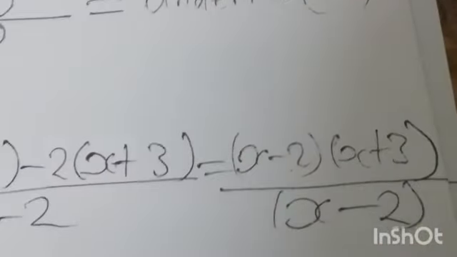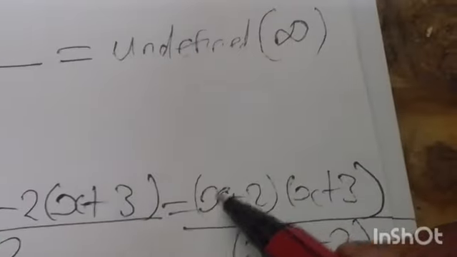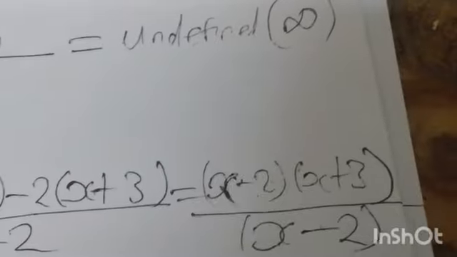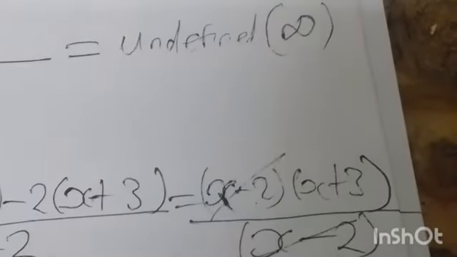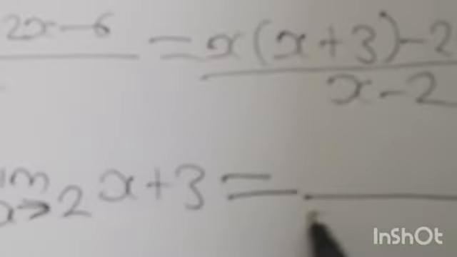As you can see, the denominator and the numerator have something common, which is x minus 2. So you can cancel these two, giving you only x plus 3. From here you can now use the limit. In short, it will be the limit as x approaches 2 of x plus 3. Just replacing 2 here, you'll find the answer yourselves.